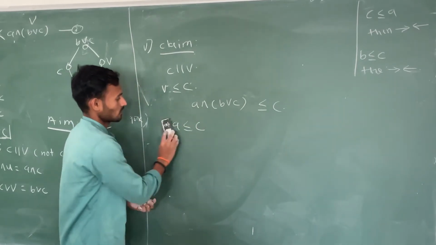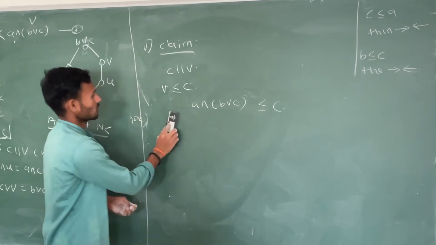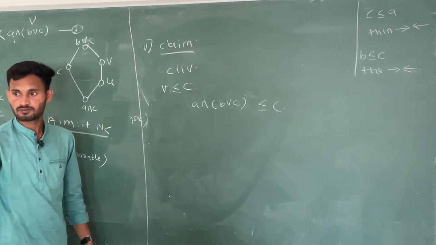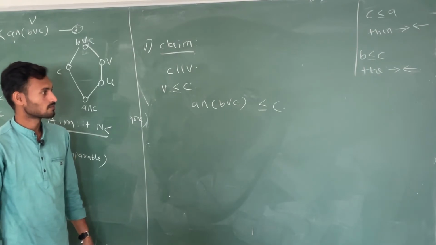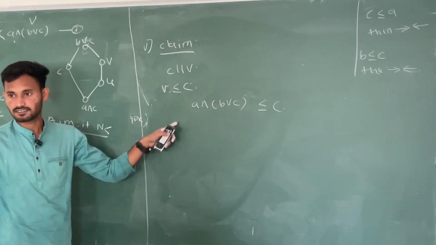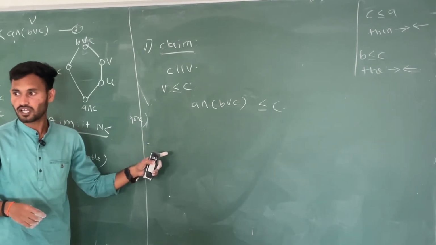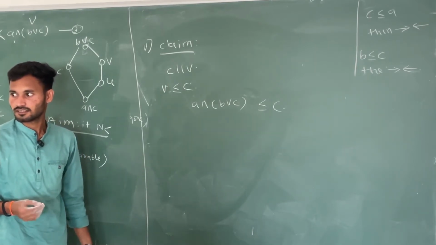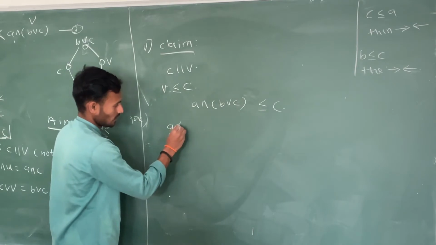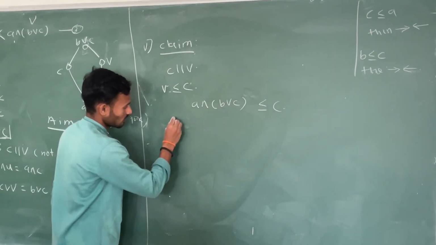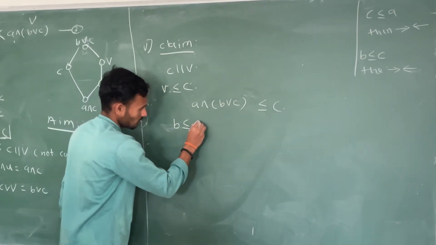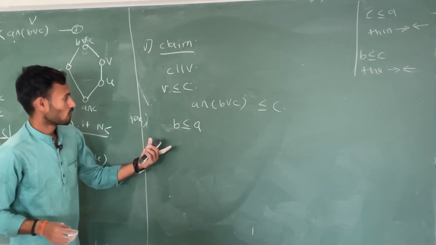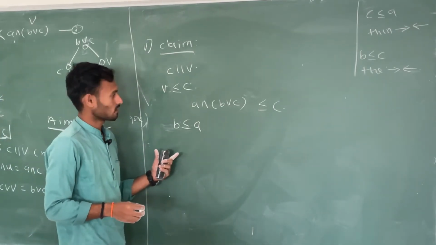No, no. What is the relation between A, B and C? We want a contradiction. A is greater than or equal to B, right? So B is less than or equal to A. Then what can we say?